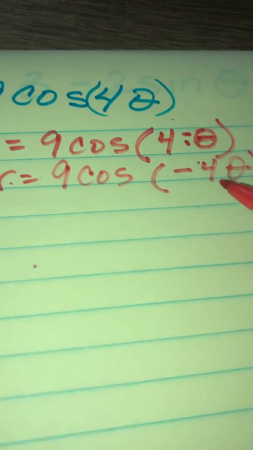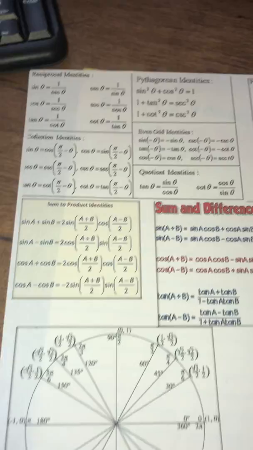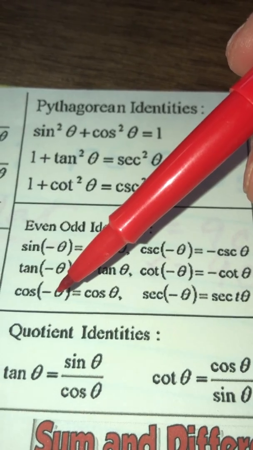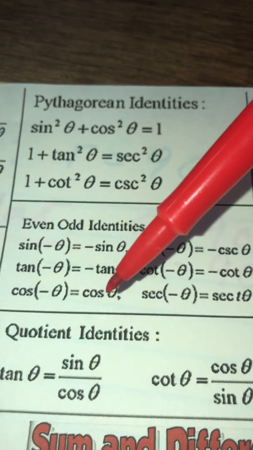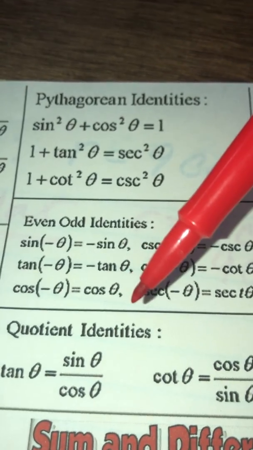And then there's an identity that says cosine of a negative number is equal to something else. It's like an even-odd identity. So here's that piece of paper I sent to you through your email. Even odd. Let's see. Cosine of a negative just spits out cosine of regular theta.